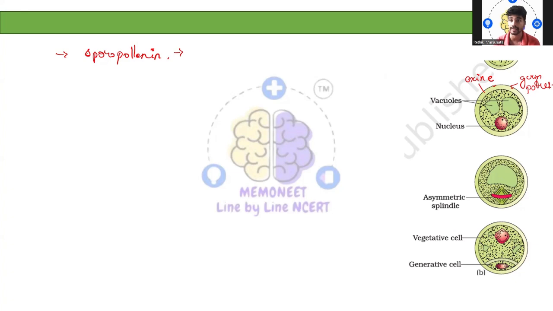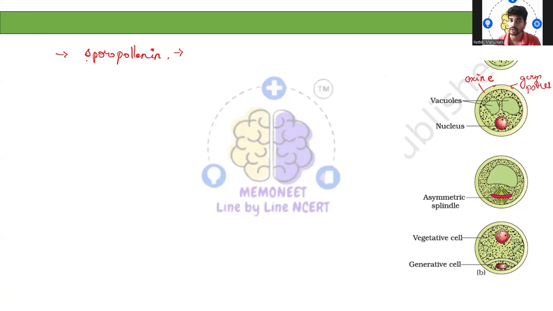Sporopollenin has resistance towards high temperature, acid, alkaline and pH, so it won't allow the pollen grains to get damaged. But in the germ pore, where sporopollenin is not present, that is the part from where the pollen grains can be degraded. This thing you need to remember.